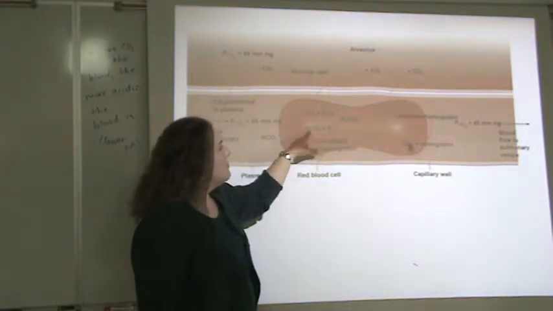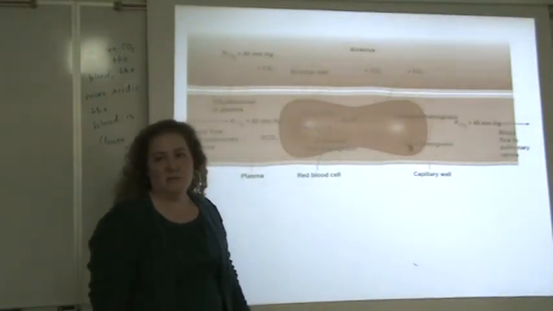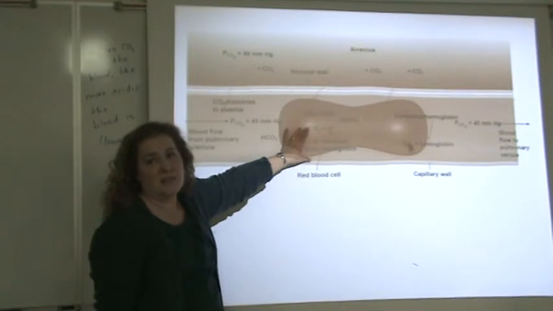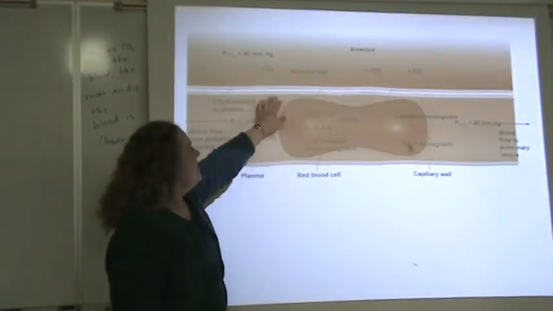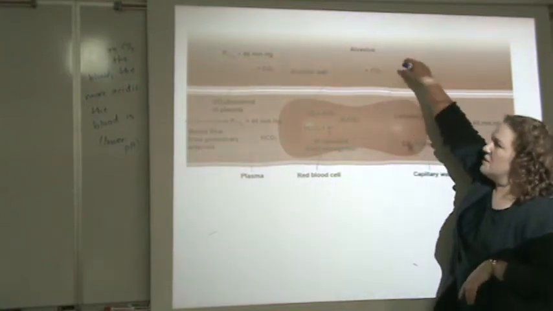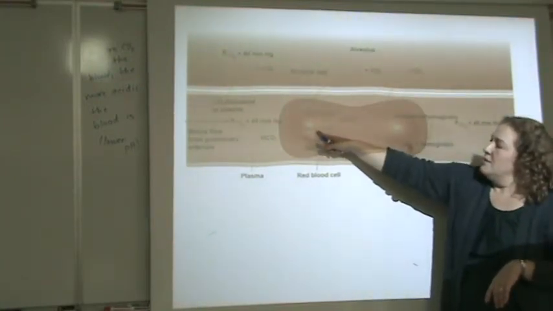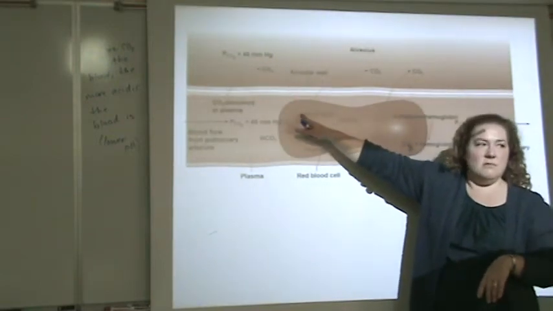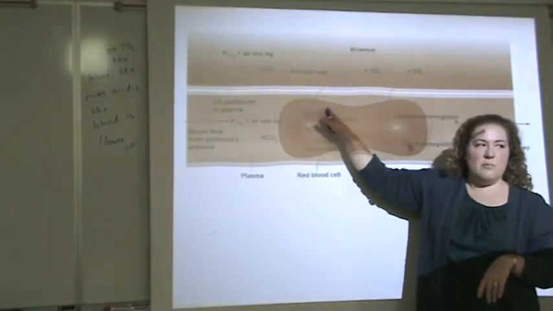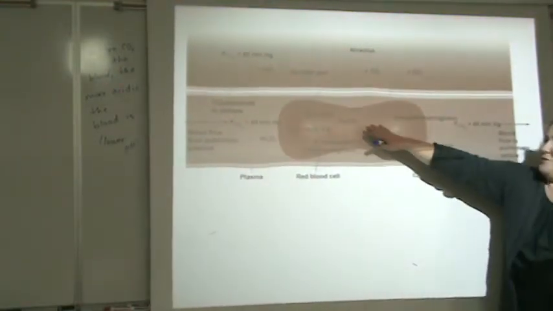CO2 that is in the form of bicarbonate, it's not bicarbonate that diffuses across. Bicarbonate cannot diffuse across, it's not a gas. So when blood is passing by an area where CO2 is lower on the other side, this equation will go backward.